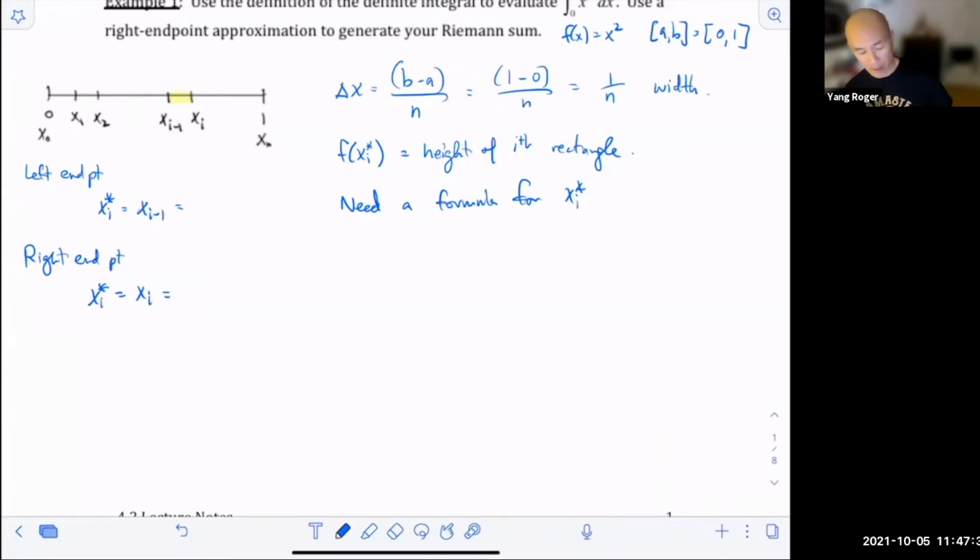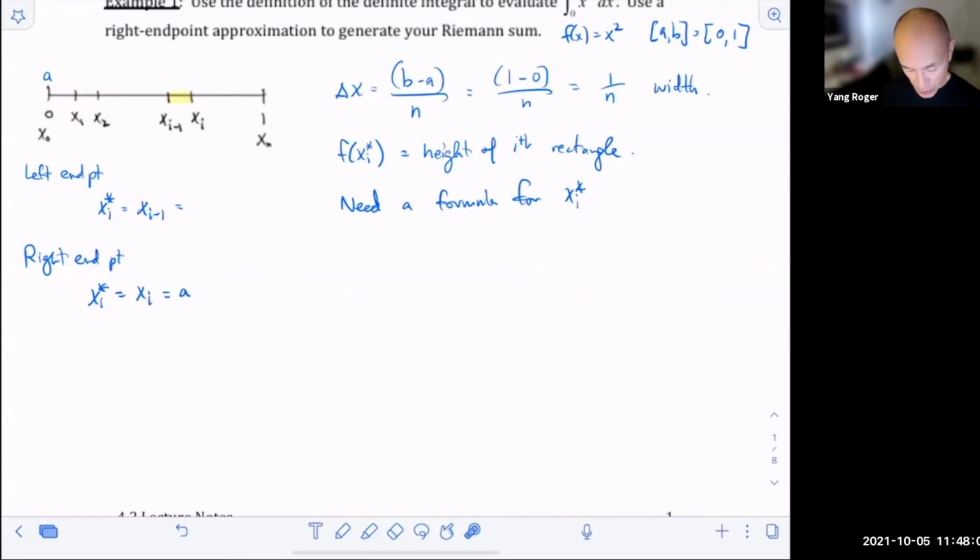Okay. So what we're going to do is start at the left edge of the interval I care about. And in our case, that's going to be A. And if I wanted the next one, x1, to know the value of that, I just need to add 1 delta x. So this x1 would be A plus delta x.